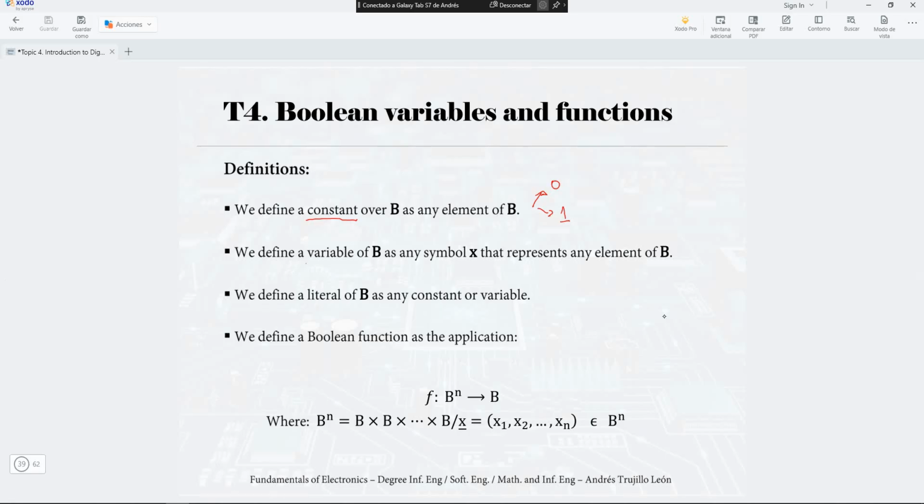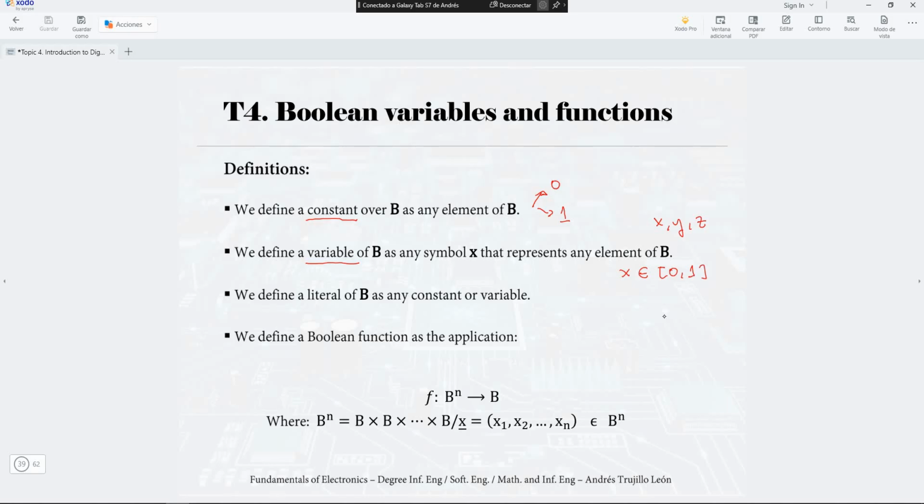A variable is going to be a symbol or a name whose value is going to be finally 0 or 1. So a variable can be x, can be y, z, the letter we invent, the letter that we choose. And finally, they are going to have a value in the set B.